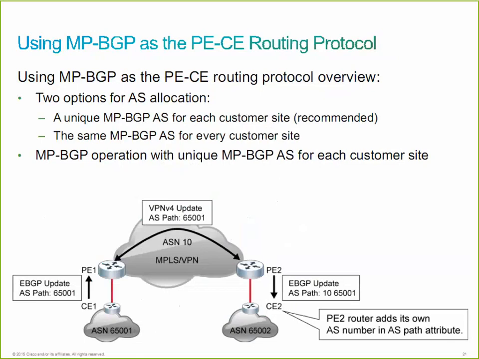MPBGP can even be used as a PE to CE routing protocol. And quite honestly, in my experience, this is generally the preferred protocol. It's actually really one of the most common methods of communicating from your CE to your PE devices. I don't know if there's a specific reason.